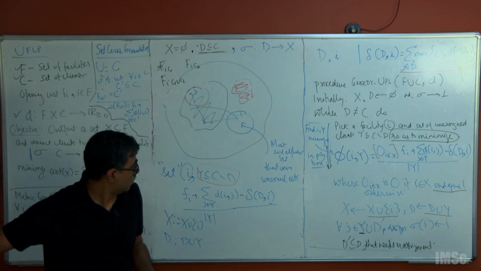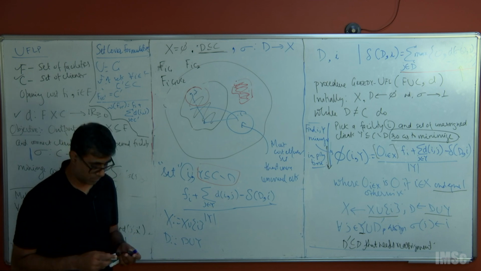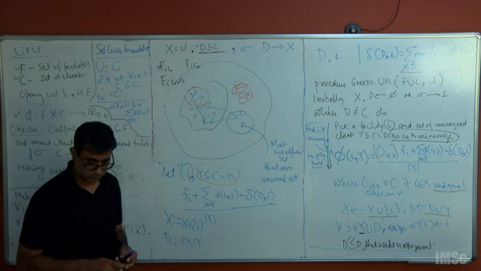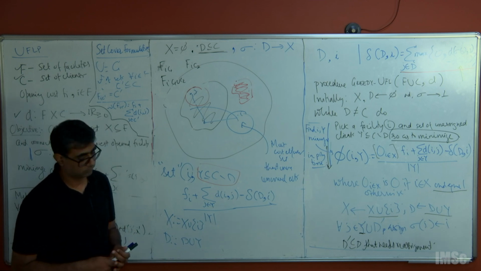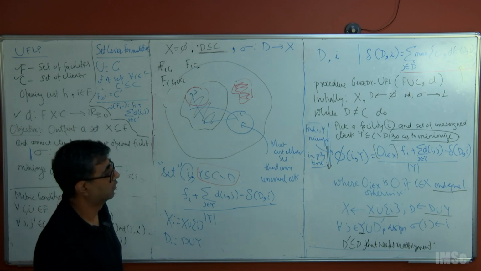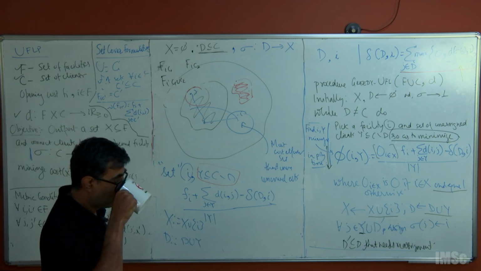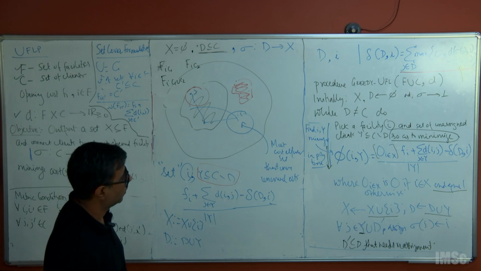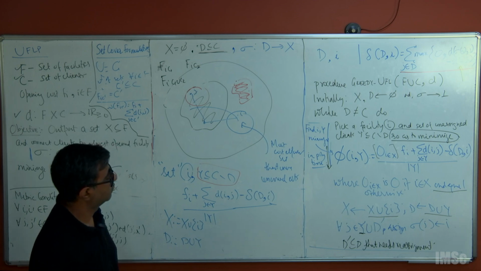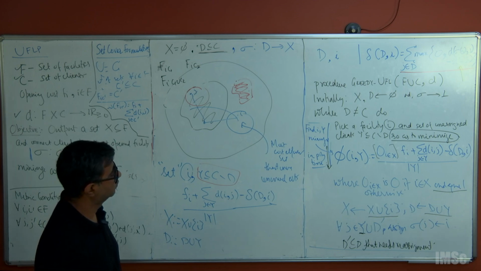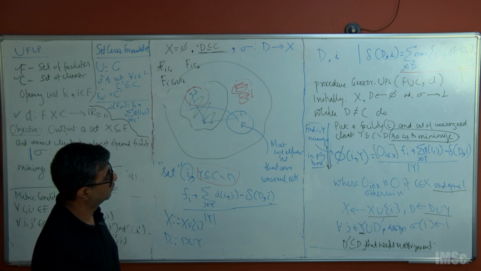Sir, I have a doubt. Please ask. When the cost of I belonging to X is 0 at some point of time in the algorithm, it means I was picked before, and this time you are including more clients to the same facility.